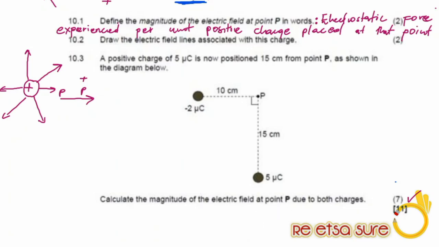My beautiful learners, let me show you something. What I normally tell my learners when they get here is that they must draw the free body diagram. Remember that this P, if they don't say anything about this P, please take this P as a positive test charge.